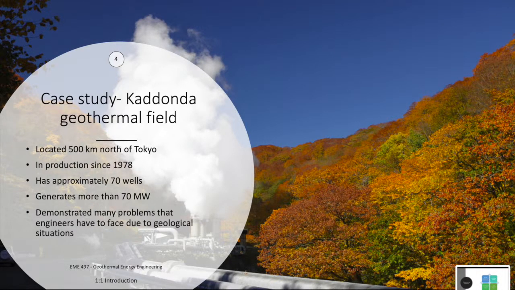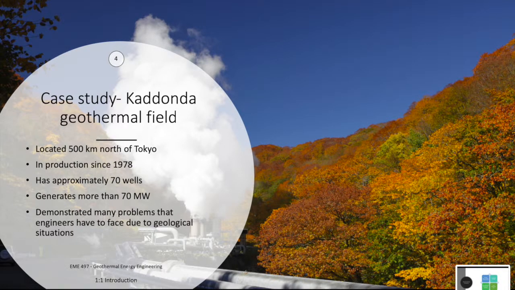Power has been generated in this area since 1978, and currently more than 70 megawatts of power is generated in the region each year. This is really impressive and a very important field due to this. A thing that's really important about this field is it shows that geothermal energy can be extremely successful, and it can also have its issues.